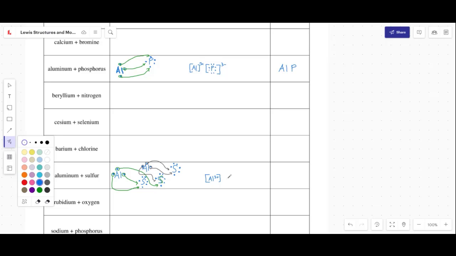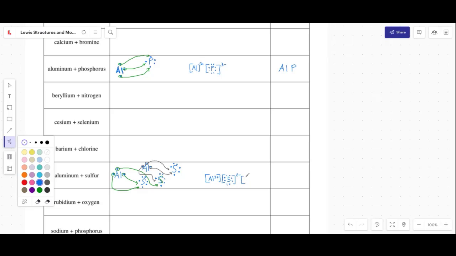What's tricky is, how do you want to draw this? Well, I can draw aluminum, I can draw a sulfur with a full octet, and that is a 2 minus charge.